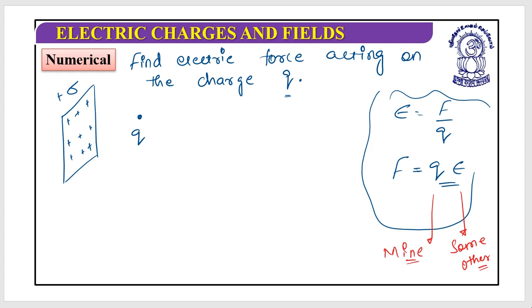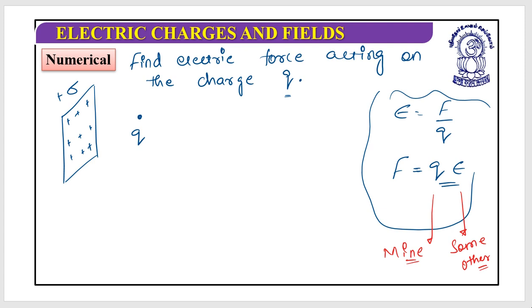Please remember these things. But do not ever write in your examination books that the charge will be mine and the electric field will be of some others. The examiner will not understand what you mean. So do not write this in books. This is for you only. So F is equal to Q into E. Charge will be mine while the electric field will be of some others.